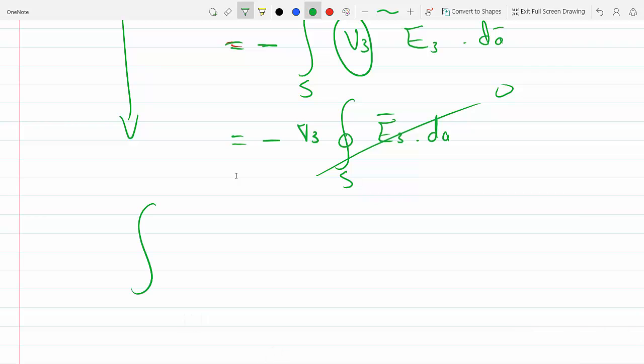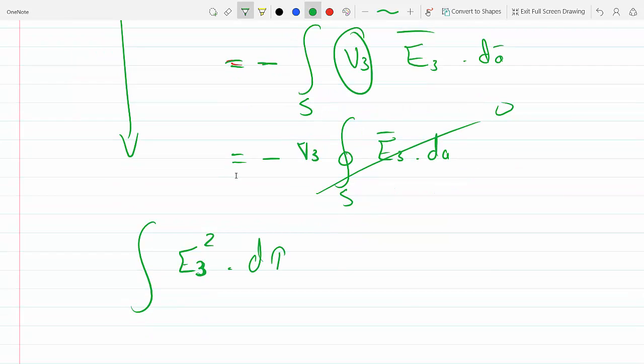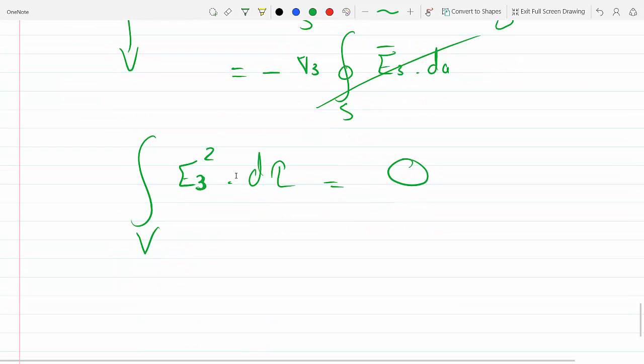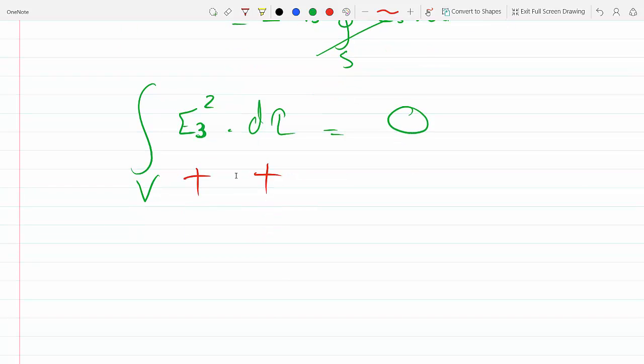And so if this is 0, then bring this down. We go back to the first one: the integral of E3 squared d tau, V3 times 0, is 0. And since this is a positive number and this is a positive number, the only way that those two can integrate to 0 is if E3 equals 0.